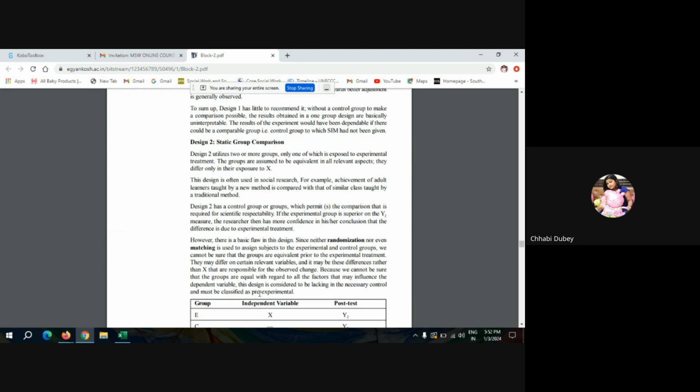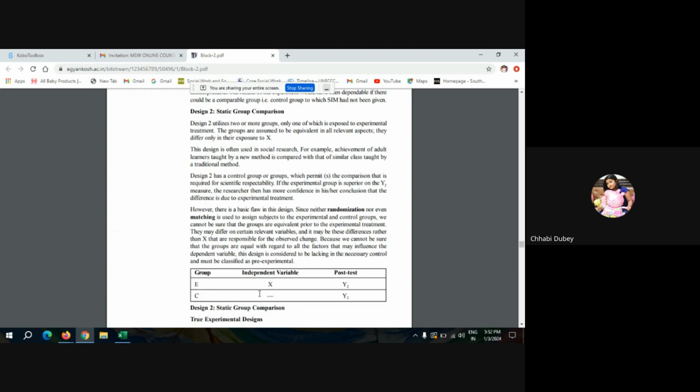There are certain basic flaws, certain problems in this design. Since neither randomization nor even matching is used to assign subjects, we cannot be sure that groups are equivalent.